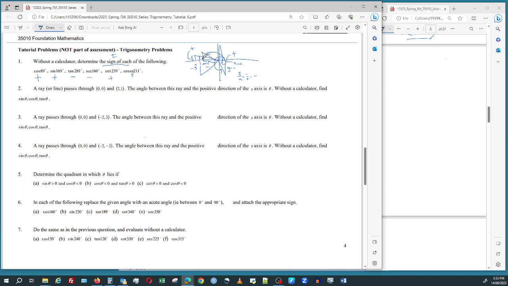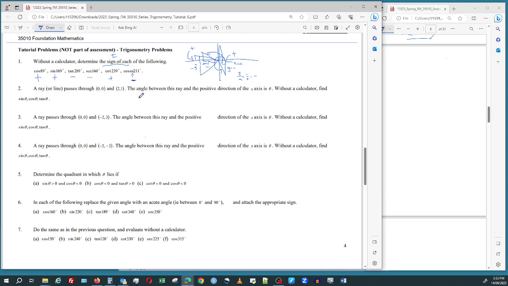The y is negative, but it's the reciprocal of sine. So the reciprocal of sine will make it a positive. So a positive and negative will make it a negative. That's all that is. Just a simple recognition of what's going on there.